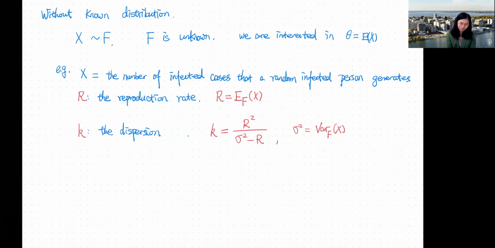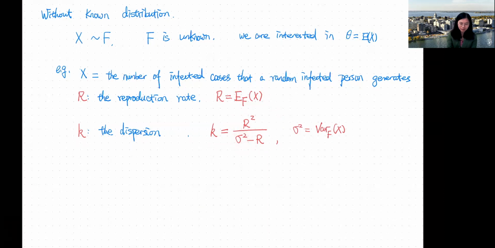So I did some research and I dug out this formula for the dispersion K. The K value is in fact this simple function of the expectation, which is R, and the variance of X. So it's R squared, which is the expectation squared, divided by sigma squared minus the expectation.